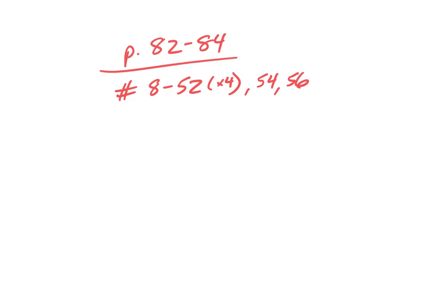You don't have to do the 3 parts on those 2. Number 52 and number 48, you just have to write the inequality out and solve it. You don't have to do the 3 parts on those 2. Okay. So 8 through 44 are the ones you have to do the 3 parts on.